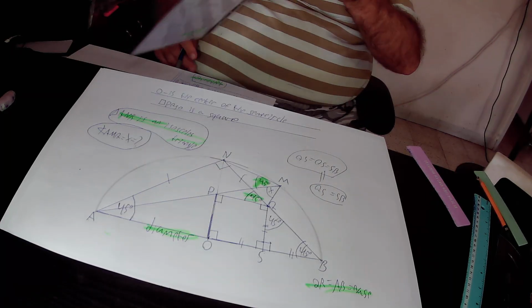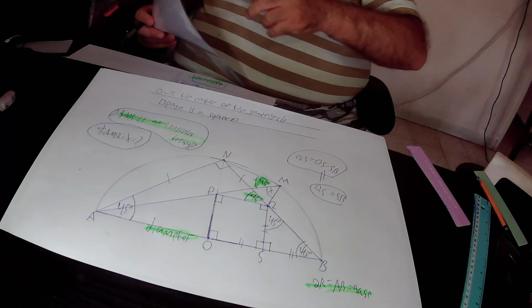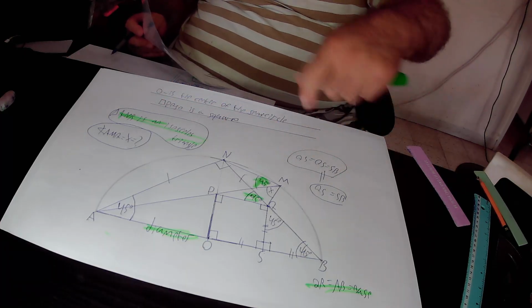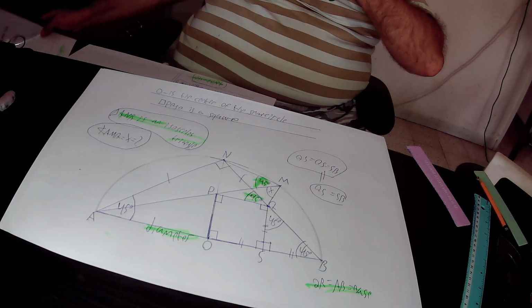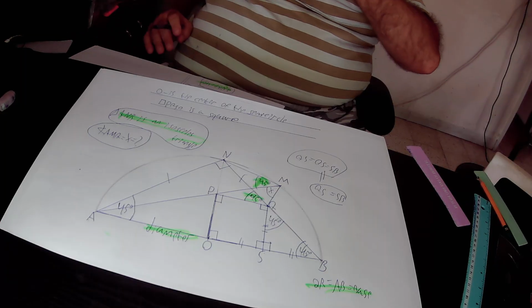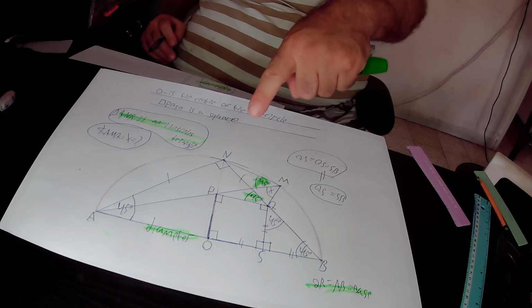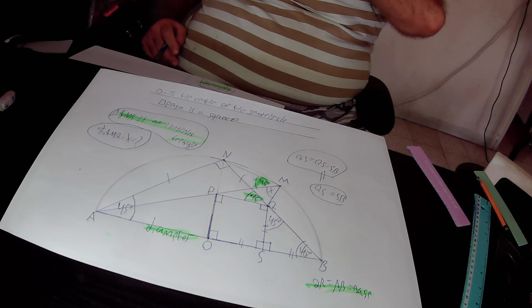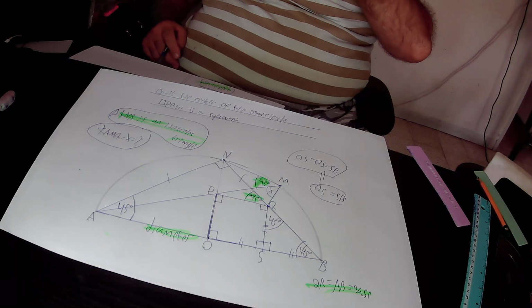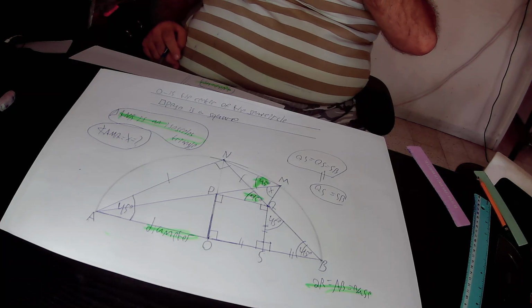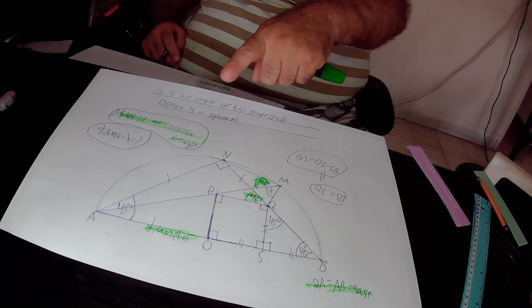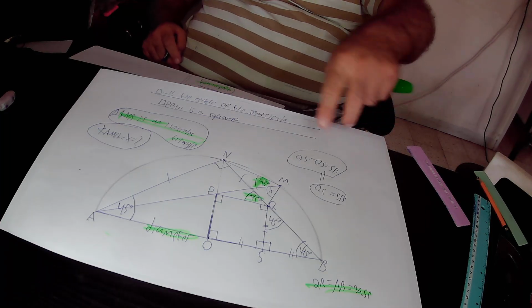Because in our drawing, we have the associated triangle, triangle A and B. And the perpendicular to the base AB bisects the base AB. That is to say, it divides the base AB into two halves. Each half must be equal to AB over 2.